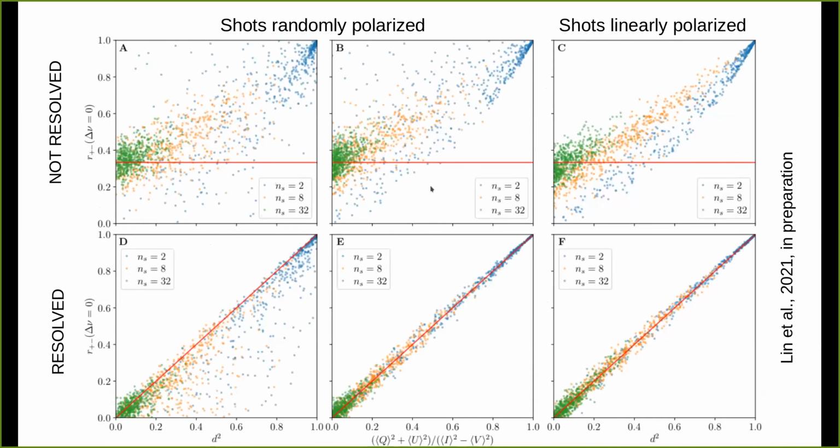So what we did is, what Rebecca did rather, is she assumes each giant pulse is composed of either 2, 8, or 32 nanoshots, and they have sort of random polarization on the left here at least. And now if you assume that all these 32 nanoshots are all seen the same way through the same bit of the screen, then what you expect if you correlate the two polarizations is that if the given giant pulse's total polarization is really high, you should get really good correlation, because basically the signals in the two polarizations are exactly identical.